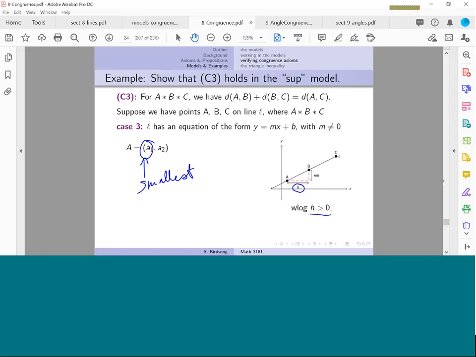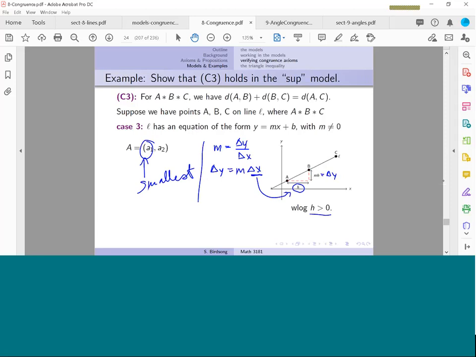Now, this guy right here, m times h, would represent the change in y from point A to point B. I'm pretty sure we've done this before, but to remind ourselves, remember slope is given by the formula change in y over change in x. So if you want the change in y, that is simply slope times the change in x. And we have that our change in x is h.